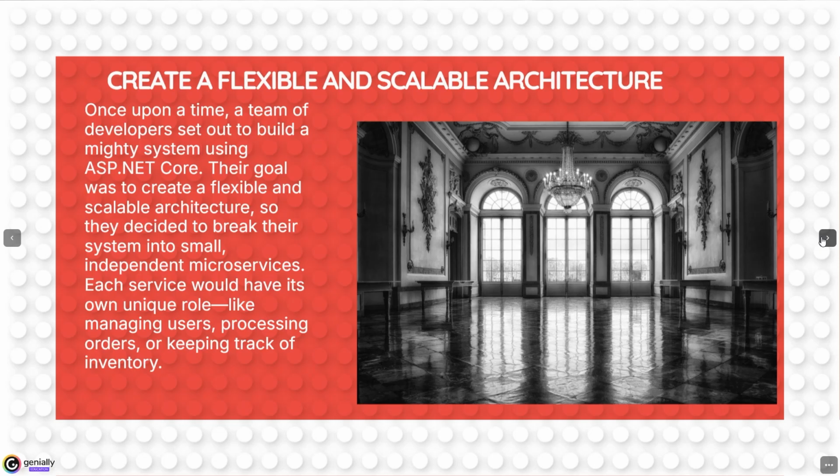Their goal was to create a flexible and scalable architecture. So they decided to break their system into small, independent microservices. Each service would have its own unique role, like managing users, processing orders, or keeping track of inventory.